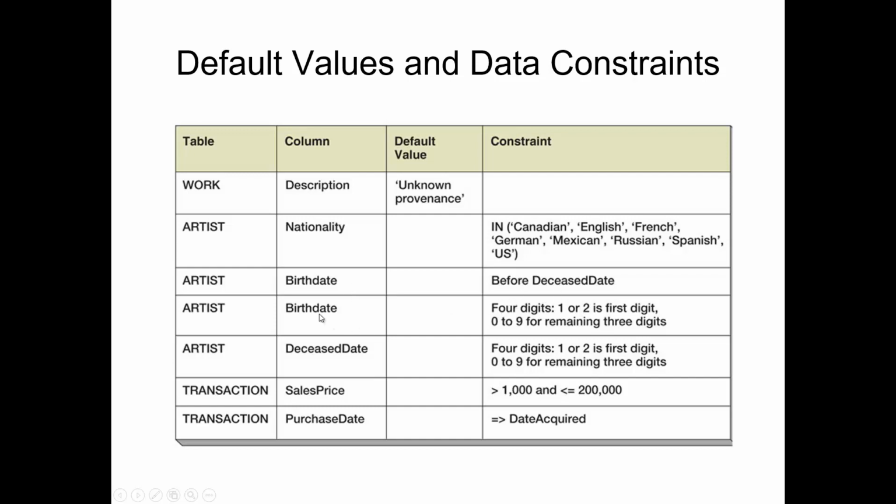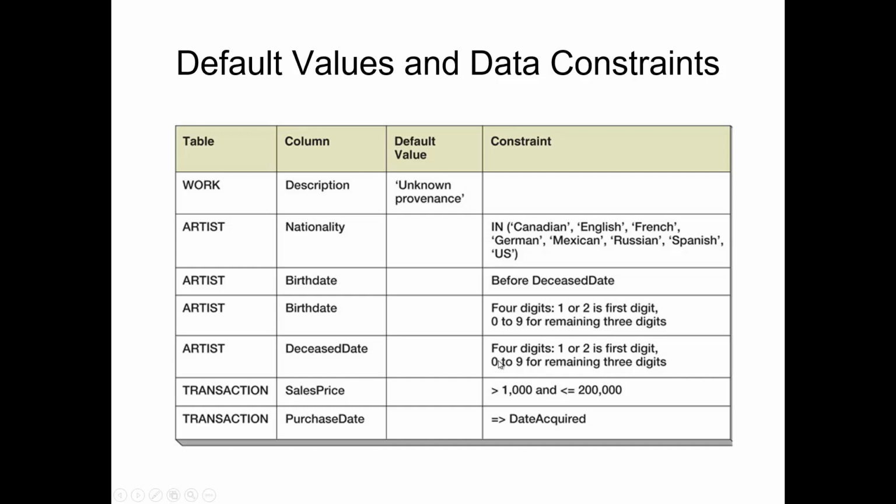We can also specify that the birth date will be 4 digits, which is the year only. That's why we have it as number. And then we can specify that the first digit will be only either 1 or 2, and then the other digits will be allowed to vary from 0 to 9.